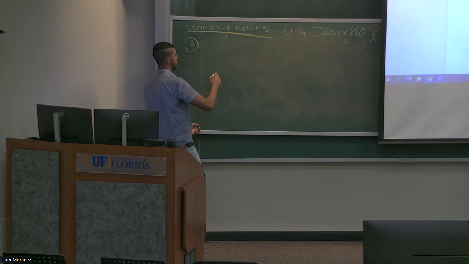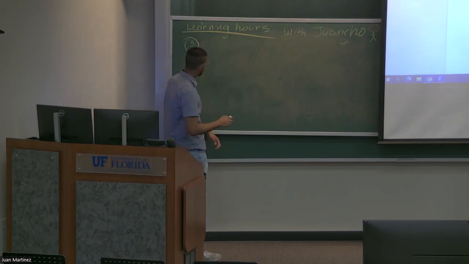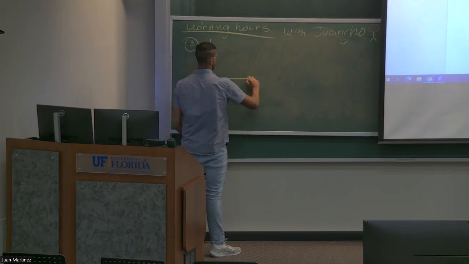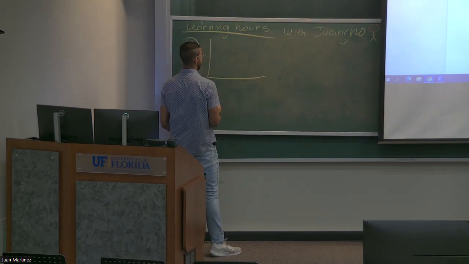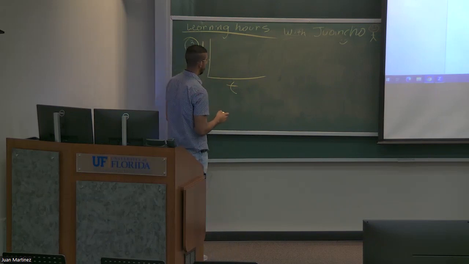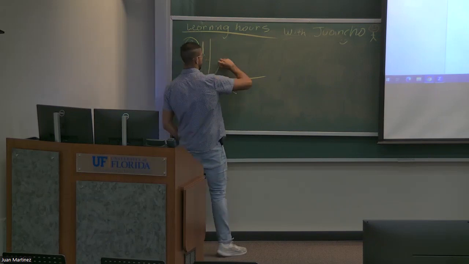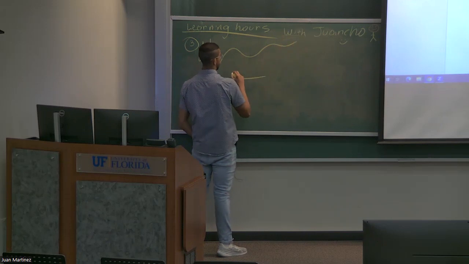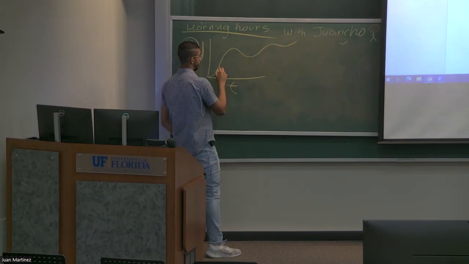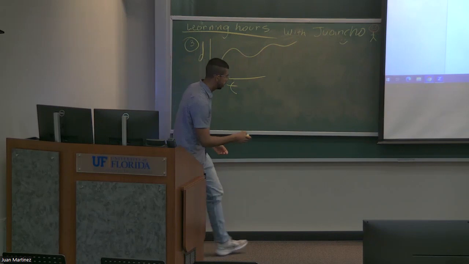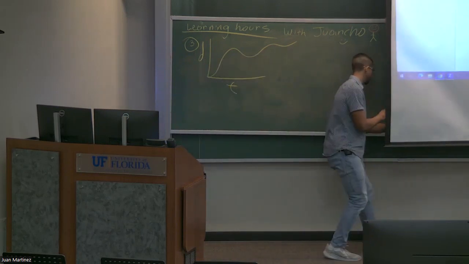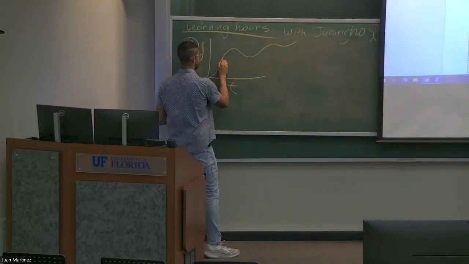So imagine this. Imagine that you have velocity, time, this is distance, and then you have a bunch of points.